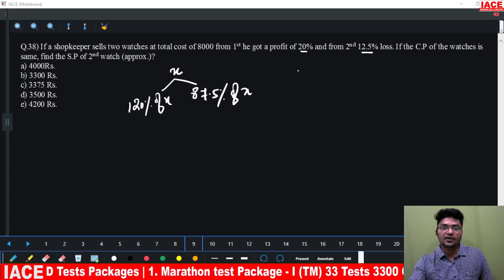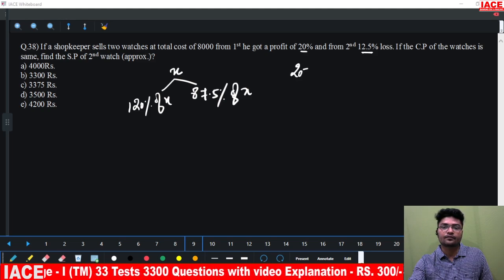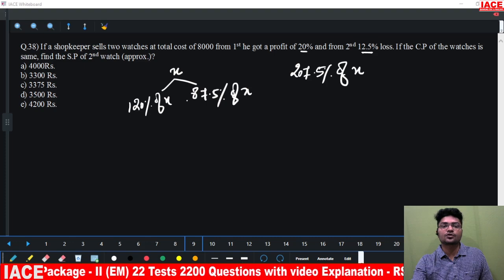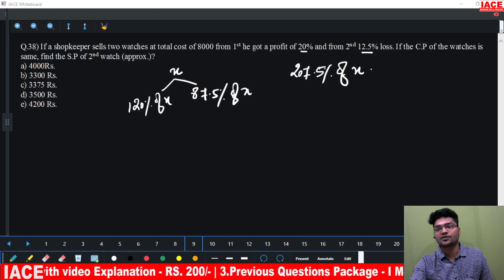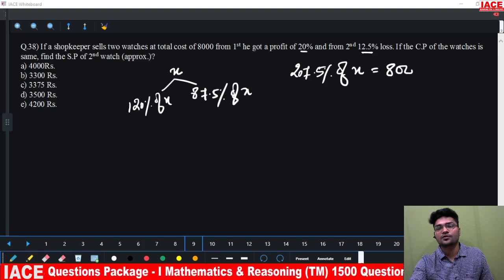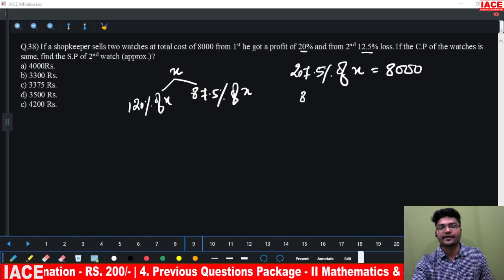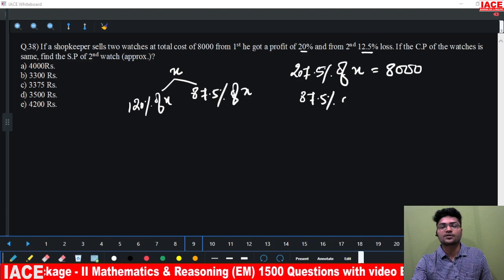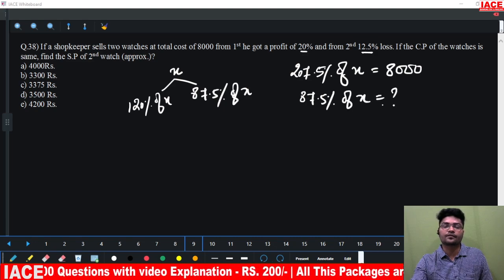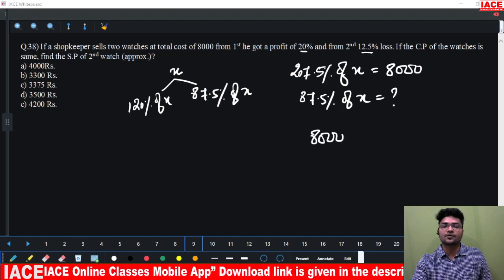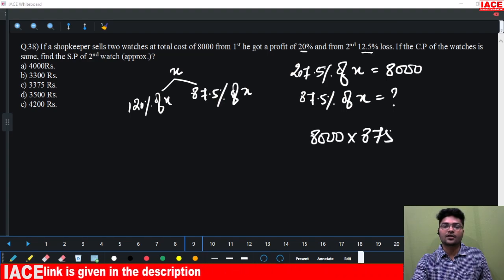That means 207.5 percentage of X, the total selling price, is how much? 8,000. What is asked to calculate? Selling price of second, that is 87.5 percentage of X. How much is this? How do you calculate? Cross multiplication. So I have 8,000 into 875 divided by how much is this?